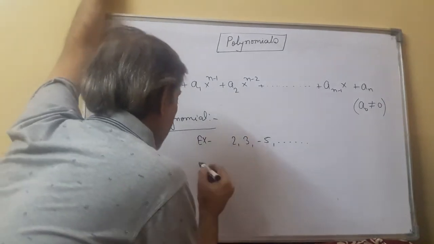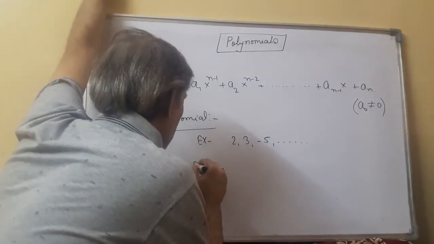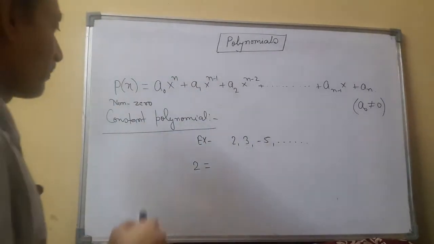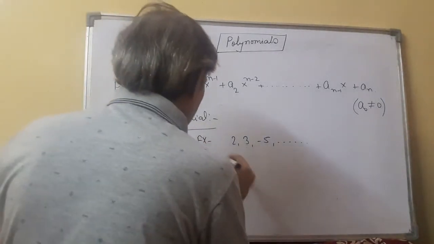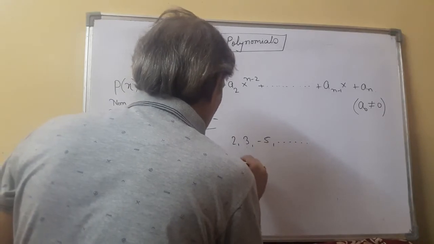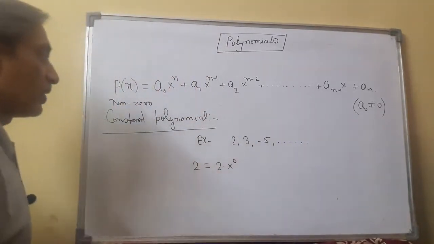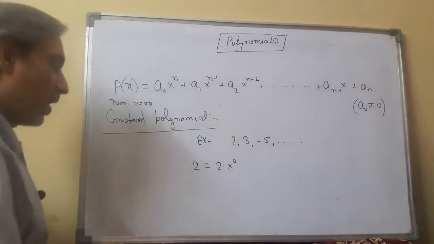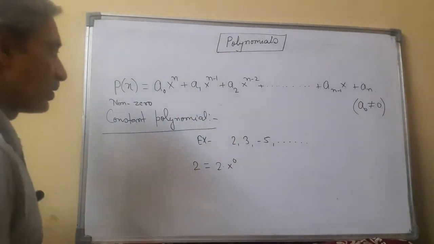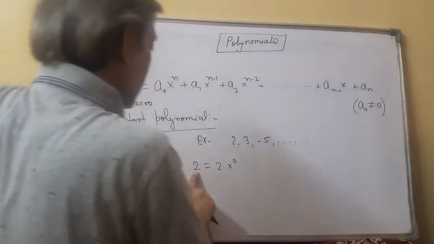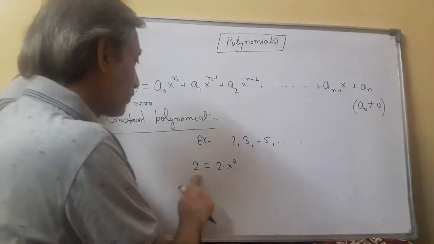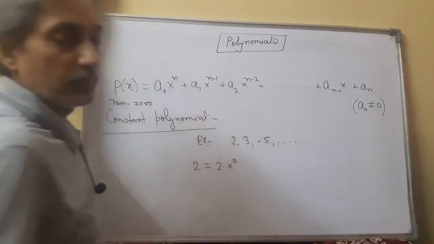Now here if I take 2, there is no x, we can't see x here, but we can write 2 as 2 multiplied by x raised to the power 0. As we know, x raised to the power 0 is 1, and 2 times 1 is 2. So without changing this, I have written it like this, and therefore the degree of 2 is 0.